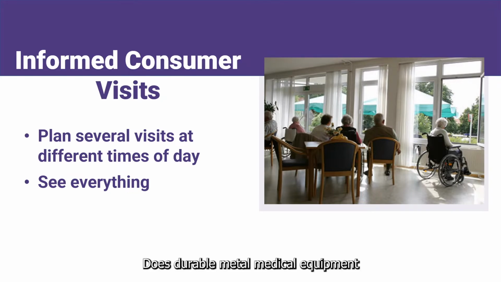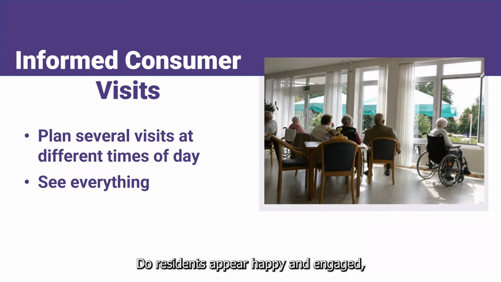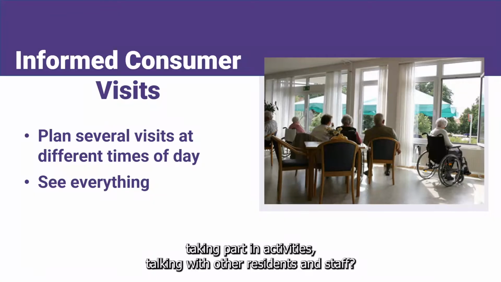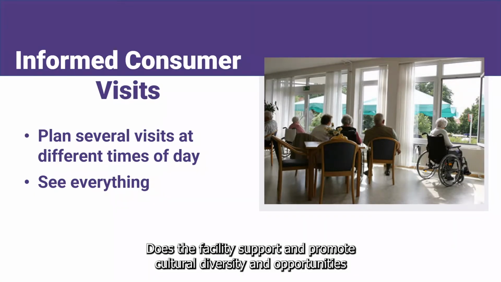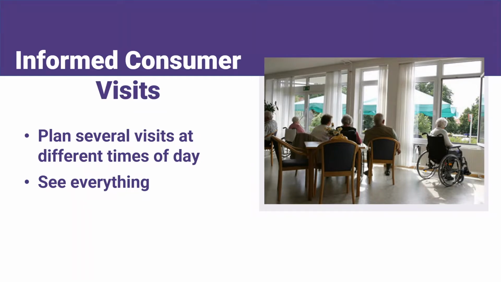Does durable medical equipment like wheelchairs appear clean and in good repair? Do residents appear happy and engaged, taking part in activities, talking with other residents and staff? Does the facility support and promote cultural diversity and opportunities to display or participate in celebrations and traditions? Note that at certain times, visits and tours may be available in a virtual format.